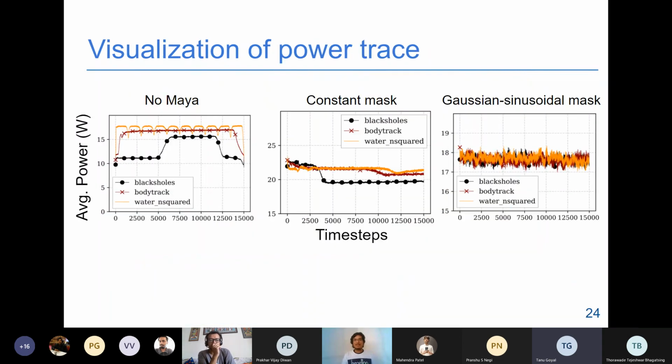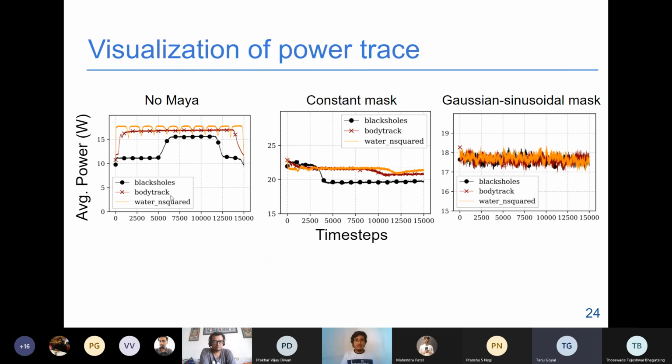Now we'll visualize the power traces for three scenarios. One is where there was no Maya on the computer system. The second is where we have used the constant mask. And the third is where we have used a Gaussian sinusoidal mask. On the x-axis, you see the time steps, and on the y-axis, you see the average power in watts.